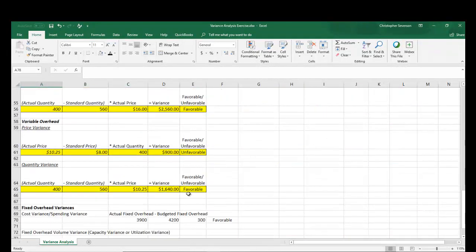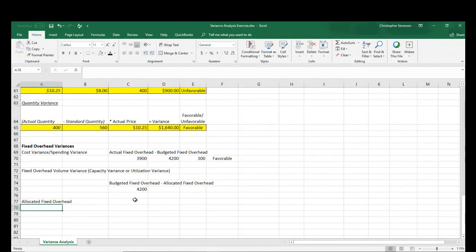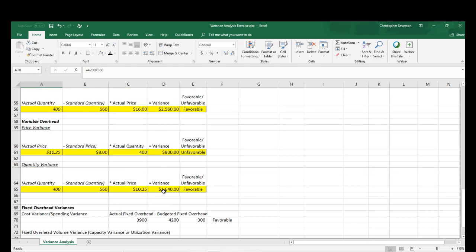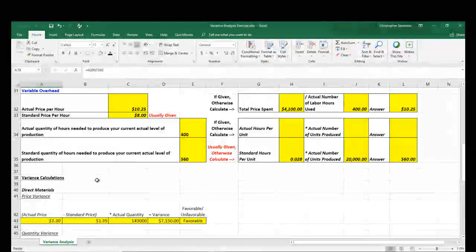So 4,200 divided by 560. That gives us a rate of $7.50 per hour. So we take the $7.50 per hour multiplied by the actual quantity of hours that we used, which we have up here.